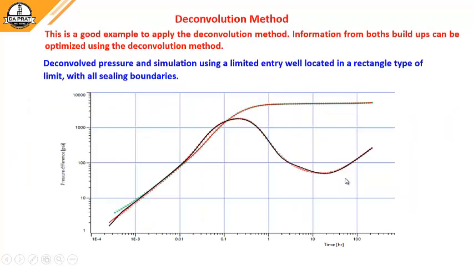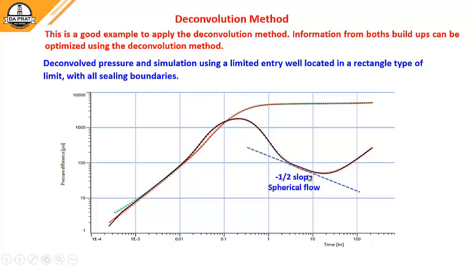And here we may say that it's a good example to apply the deconvolution method using both build-ups. And this is the deconvolved pressure that you see here. And again, the model is the same that we used for the last build-up: limited entry well located in a rectangle type of limit, with all sealing boundaries.